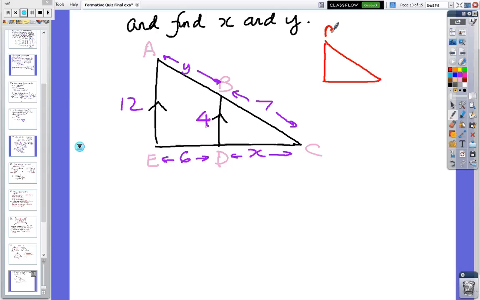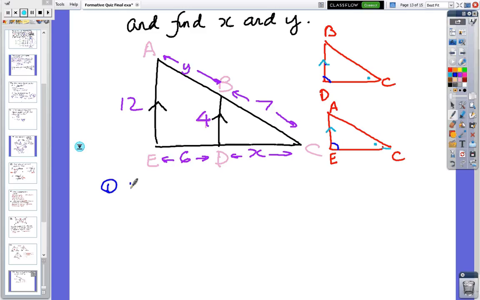So I've got B, C, D, and I've got A, E, C, and I'm just going to put my parallels in. So we have to prove similarity. So this one is going to be an AAA test. This angle is the same as this angle, and then because we've got parallels, that angle is the same as that because they're corresponding.